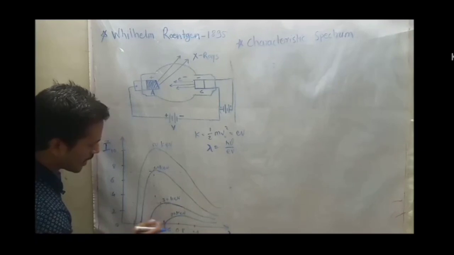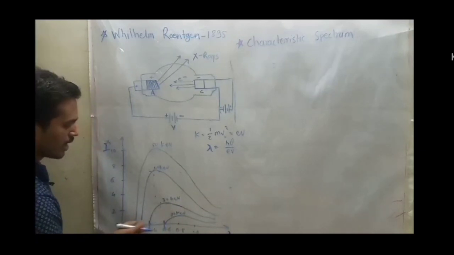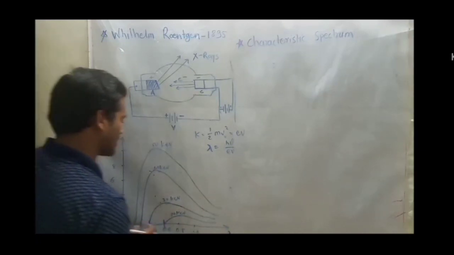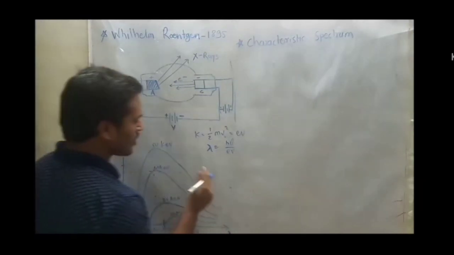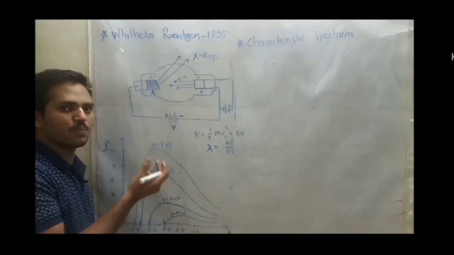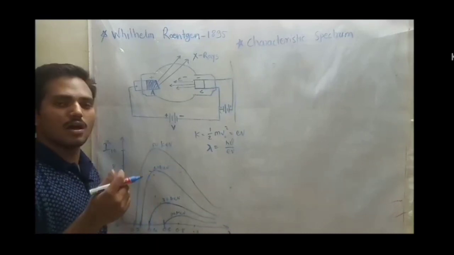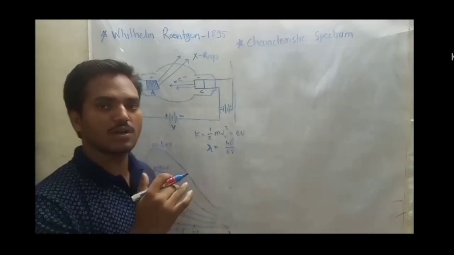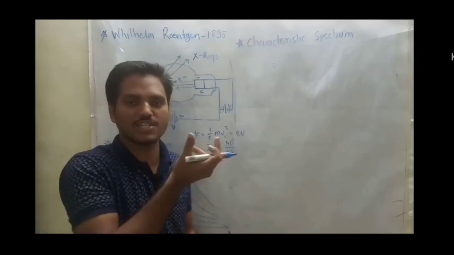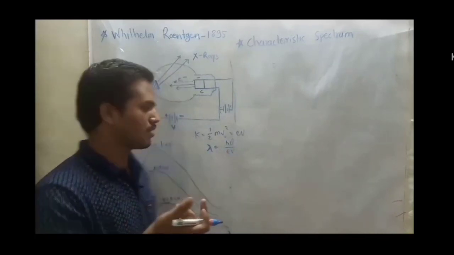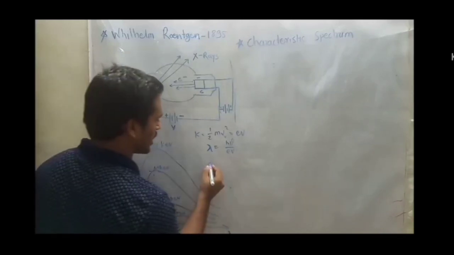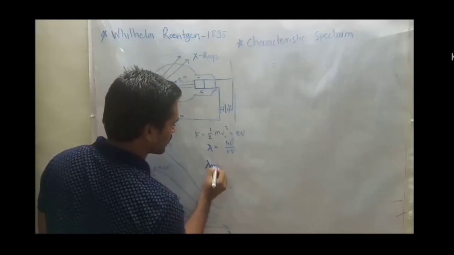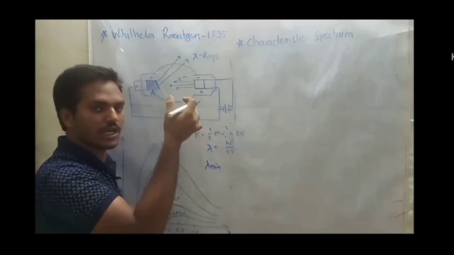Below this, there is no possible wavelength, there are no possible X-rays below this cutoff, because at a certain potential there is a limit for the production of highest energy X-rays. This limit is lambda minimum, which means the highest energy X-rays.